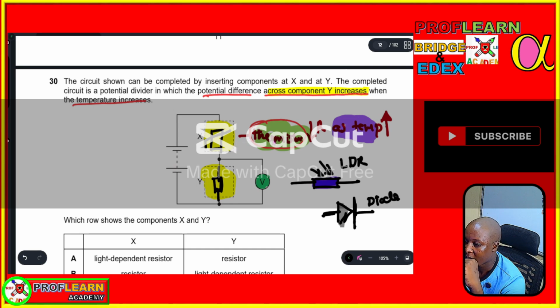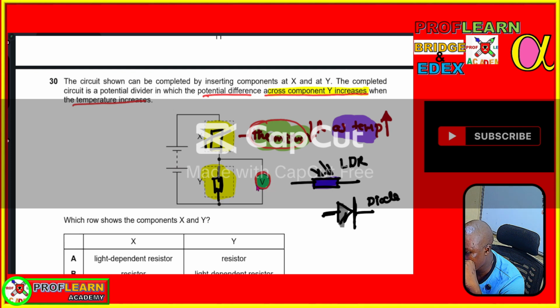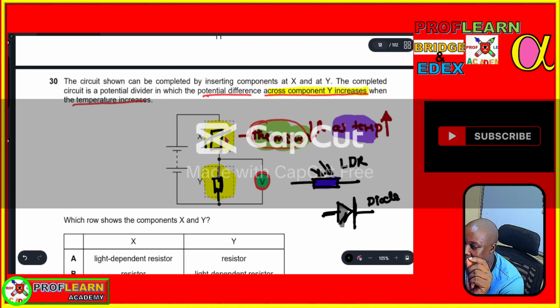If the PD here increases when the temperature increases, it means a thermistor is placed here. When temperature increases, its resistance decreases.